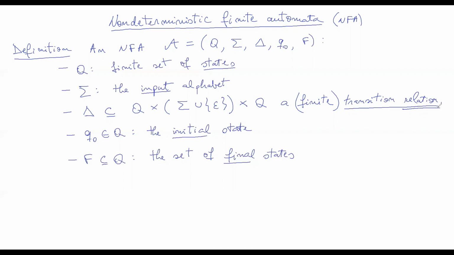So what this means is that delta might consist of triples of this form. You would have a state Q, and you might have a letter A here, and you might have a state R here.